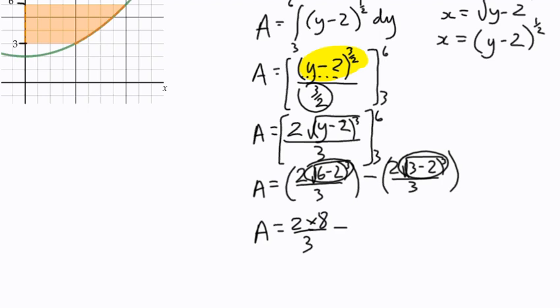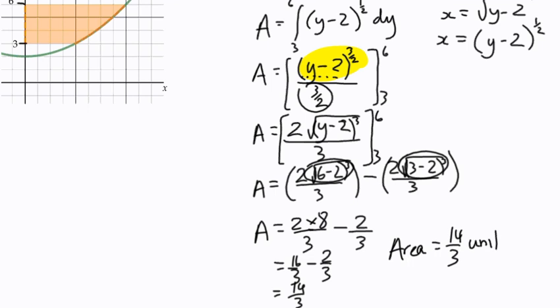The square root of 1 is 1, and 1 cubed is 1. So it becomes 2 times 1 over 3. And so that's what I've got to simplify. 16/3 minus 2/3 becomes 14/3. In other words, the area is 14/3 square units.